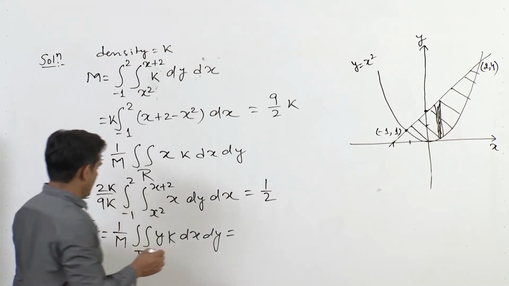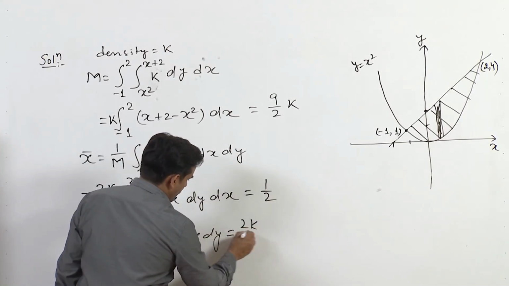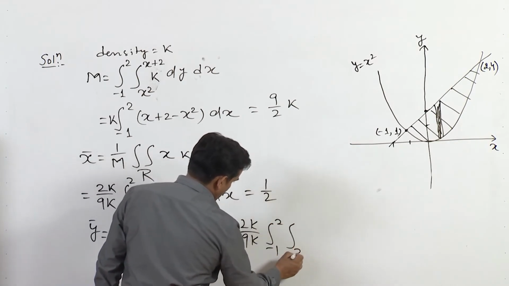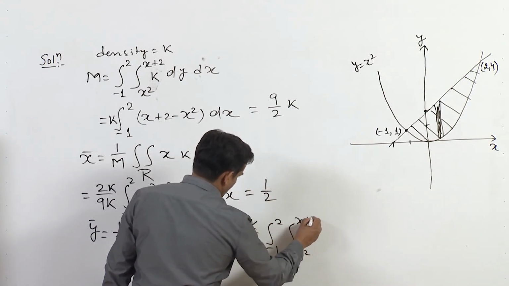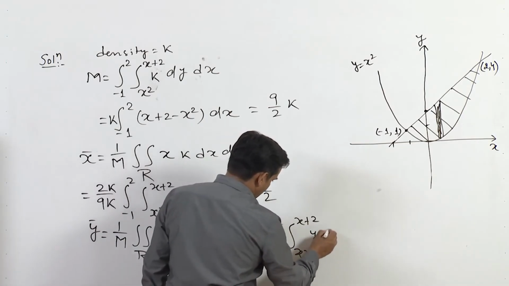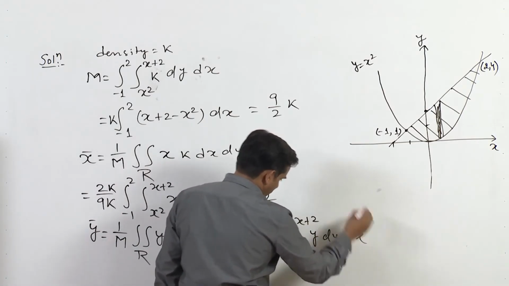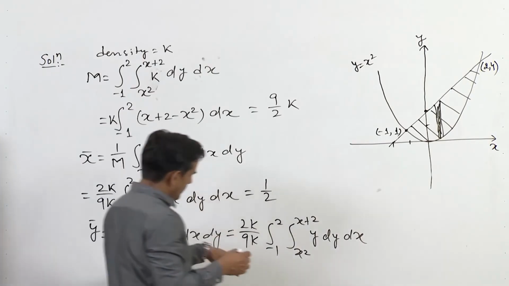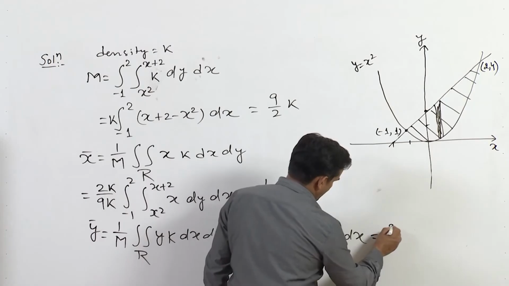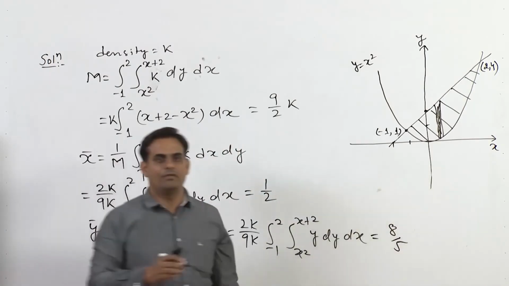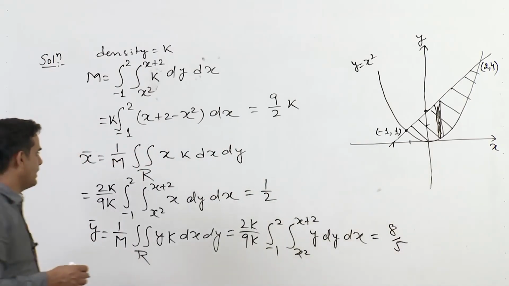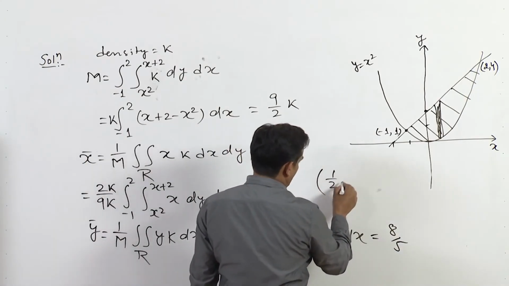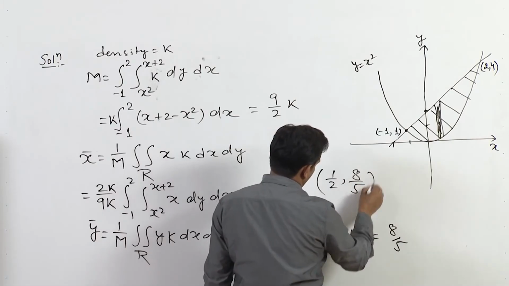So, this will be again 2k upon 9k, minus 1 to 2, x square to x plus 2, y dy dx, and after solving this it will come to 8 upon 5. So, hence the answer is 1/2 and 8 upon 5.